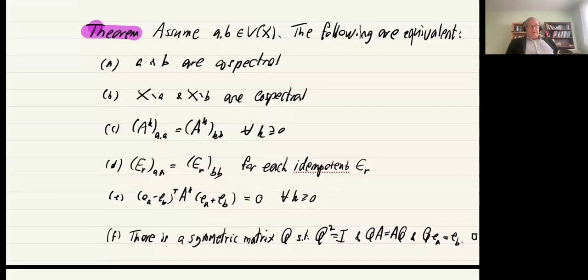The thing to notice, of course, is that the spectral idempotents are polynomials in the adjacency matrix. And so from C, we see that all polynomials in A have the AA and BB diagonal entries equal. And so therefore the idempotents have the AA and BB entry equal.